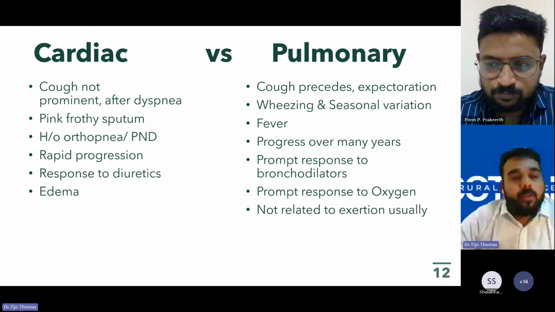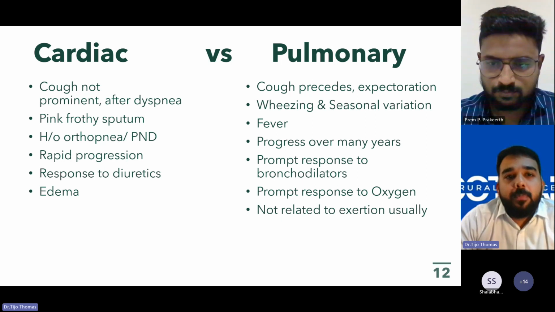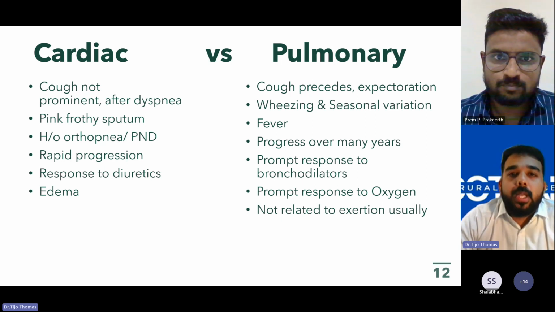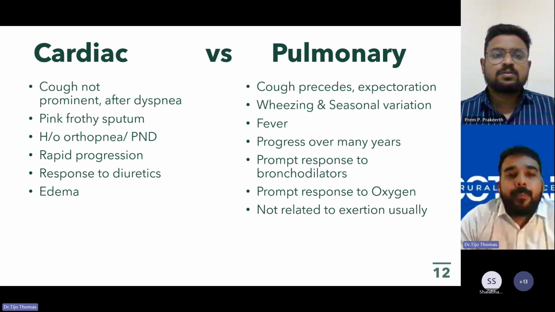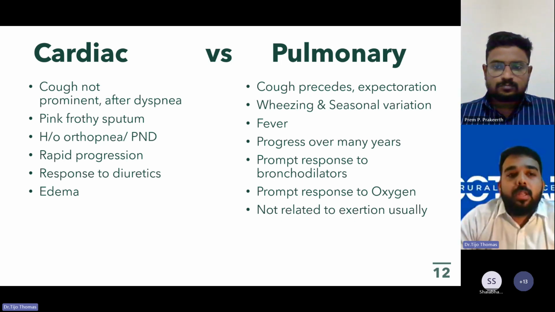So to rule out whether it's cardiac or pulmonary, there are a few pointers. The first thing would be in pulmonary conditions, a cough would precede the dyspnea, and there will be associated expectoration. Whereas in cardiac conditions, cough is not prominent. Patients with pulmonary conditions can also have fever, and the progression will be gradual over many years.